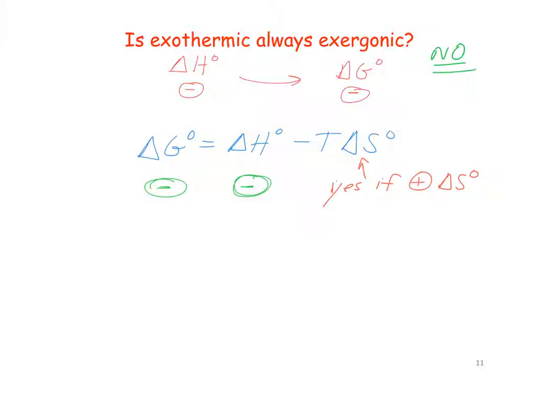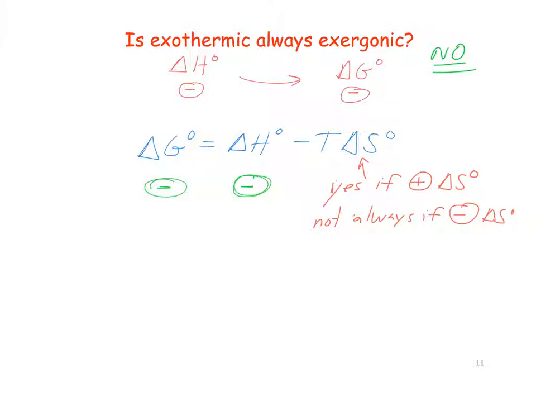And we know that a positive delta S means that we're increasing entropy. It's becoming more random, and that also favors spontaneity. But we could say not necessarily, not always, if we have a negative delta S.